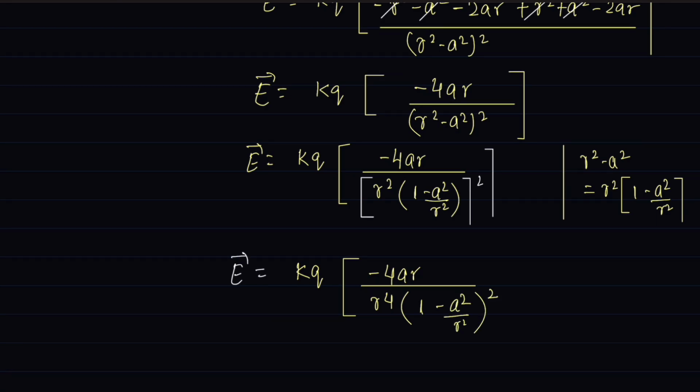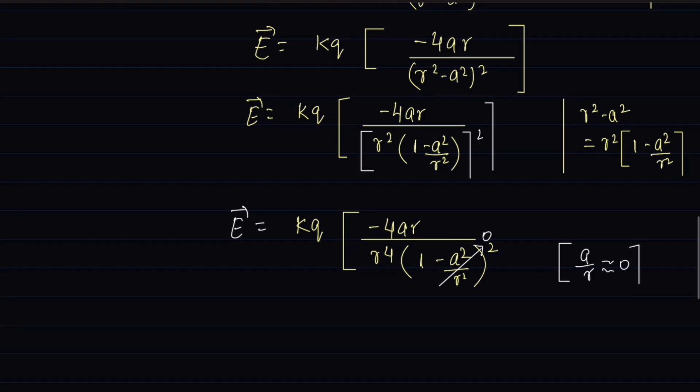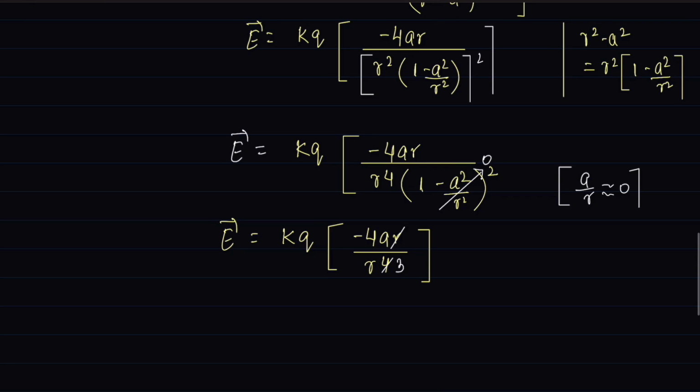So E is equal to kq times minus 4ar divided by r to the power 4 times 1 minus a square by r square whole square. Now this a square by r square is almost equal to 0 based on our relation a by r tends to 0. So E is equal to kq times minus 4ar by r to the power 4. This r and r to the power 4 get cancelled, so E is equal to kq times minus 4a divided by r cube.